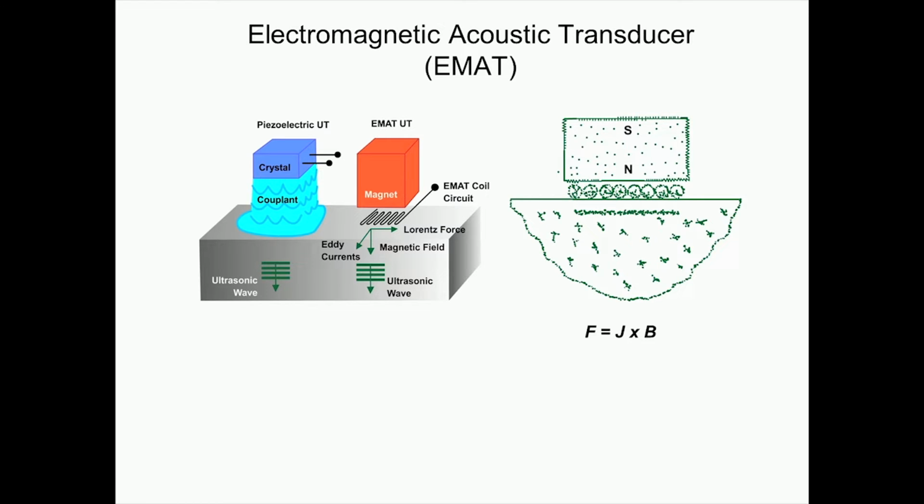As you could see in this case, when you have a normal piezoelectric ultrasonic transducer, you need to use this couplant to avoid that air gap, and in this case you do not really have to make contact between the transducer and the sample, because the ultrasonic waves are generated through electromagnetic induction, and that is why this kind of probe is known as an electromagnetic acoustic transducer.